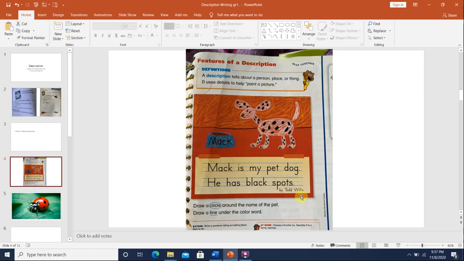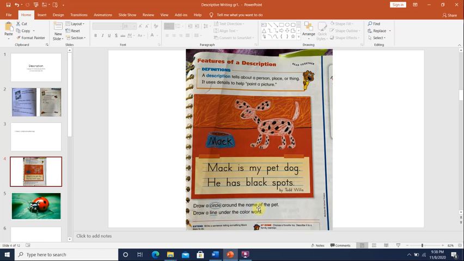What did Todd write about his pet? He said that he has a pet dog. So Mac is his pet dog, and Mac has black spots. Let's see what the question is asking. Draw a circle around the name of the pet.